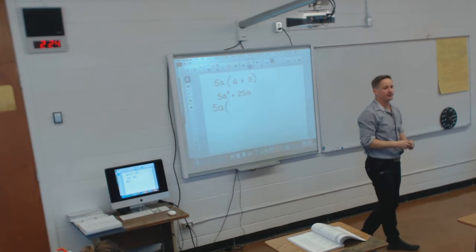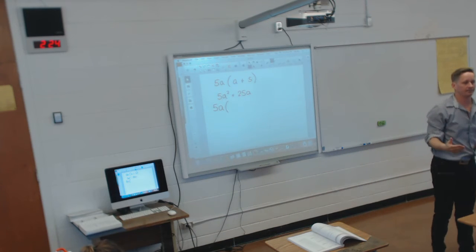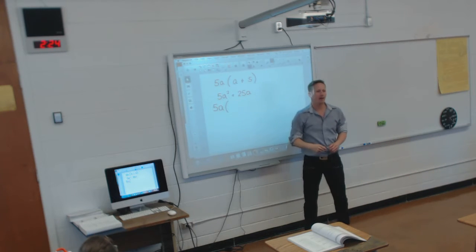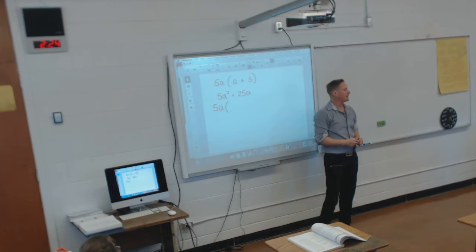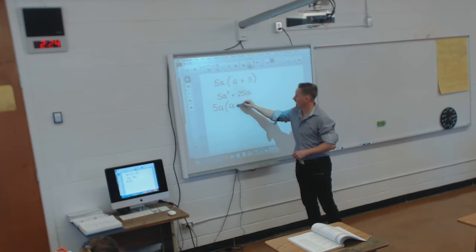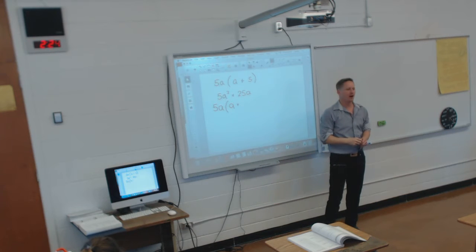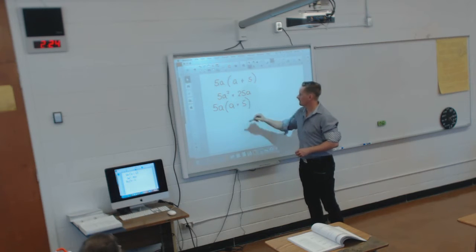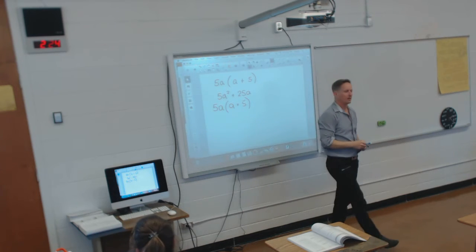That's essentially what factoring is, it's dividing. So when I take 5a squared and I divide it by 5a, what am I left with? A. And when I take 25a and I divide it by 5a, what am I left with? Just 5. That's what we call factoring.